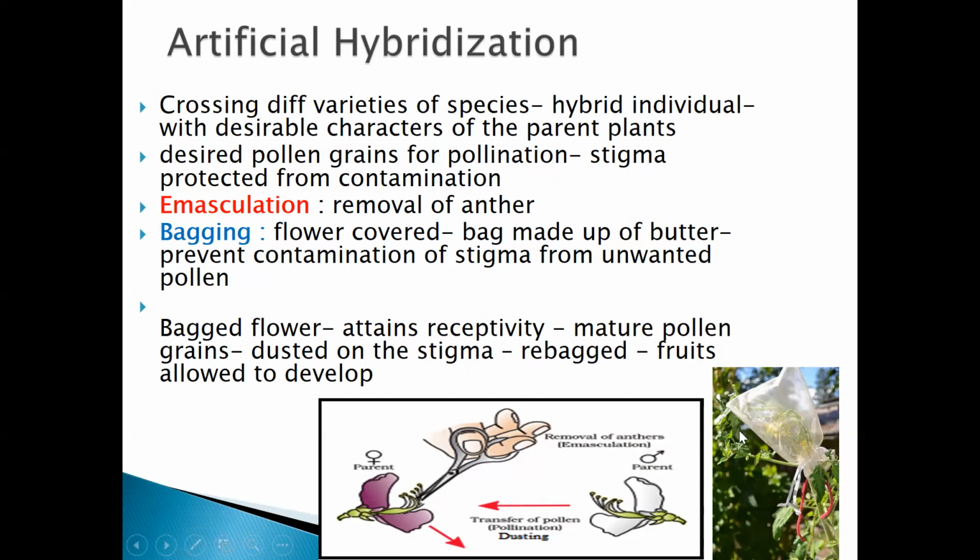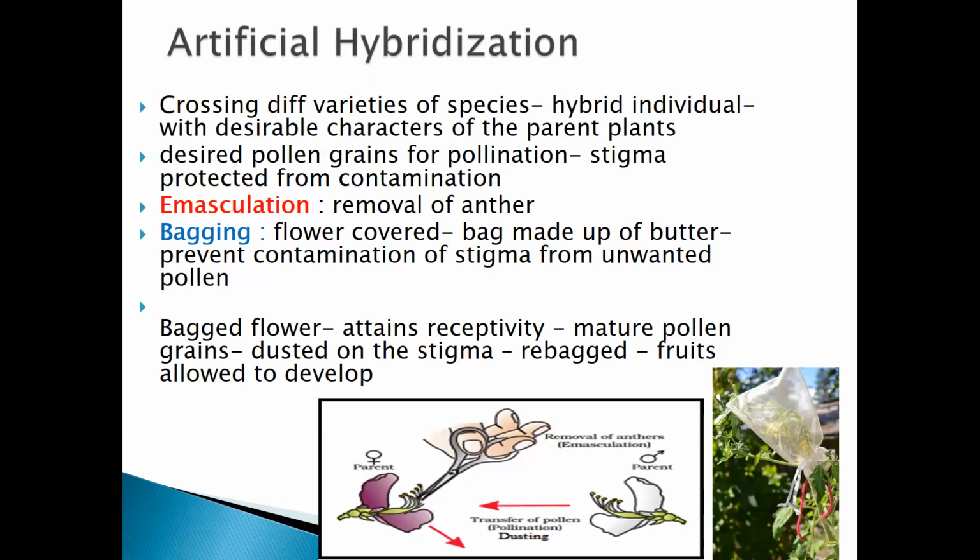Once the stigma surface matures, the desired pollen grains, the ones you require, whichever you feel you want to pollinate this plant with, are dusted on the stigmatic surface.